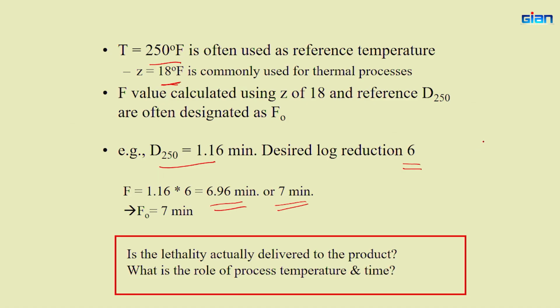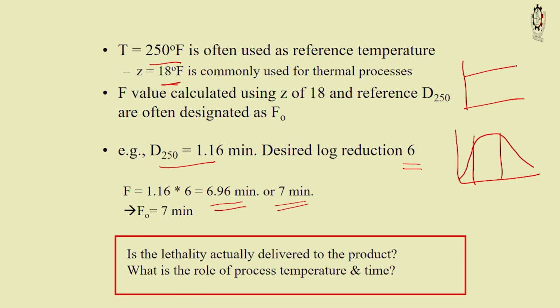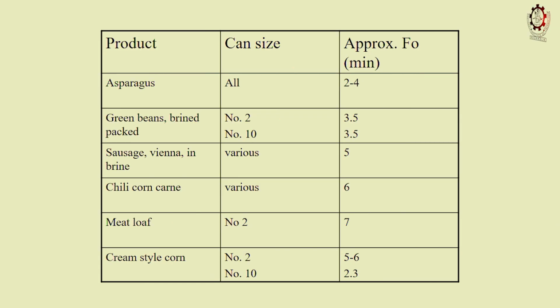But as I mentioned, it doesn't consider the temperature distribution. In reality, it is going to take some time to reach the temperature, and you are going to have a heating period and a cooling period. It always assumes I am at the temperature, say 70 Celsius, all the time, but it doesn't consider the time to reach 50 or 70 Celsius and then cool down. We'll come to that in a minute.